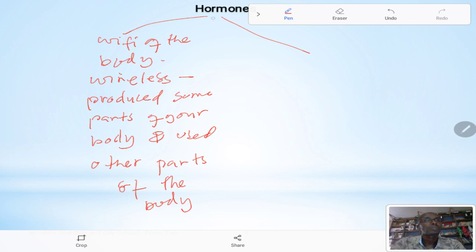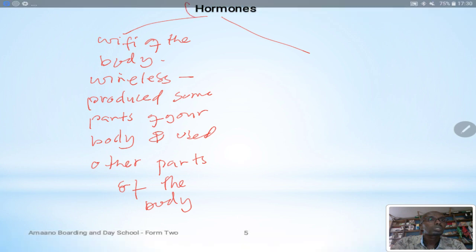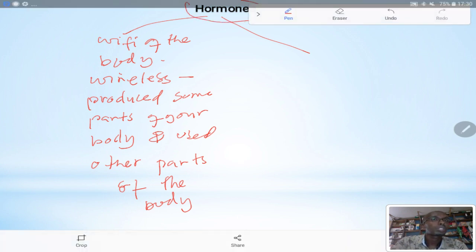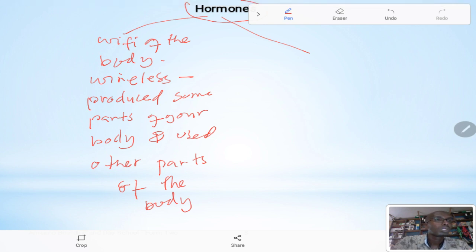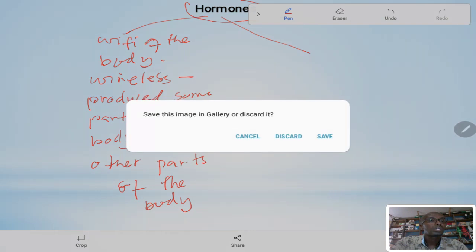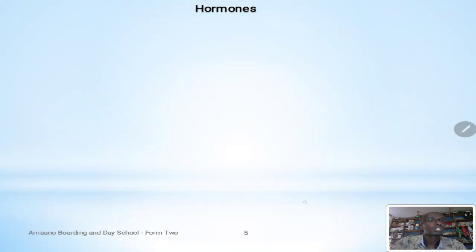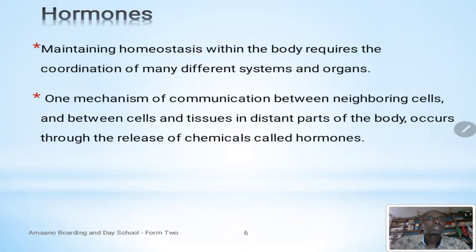So anyway, although the responses produced by the hormones are very slow, they are part of the coordination of your body. Hormones maintain homeostasis.